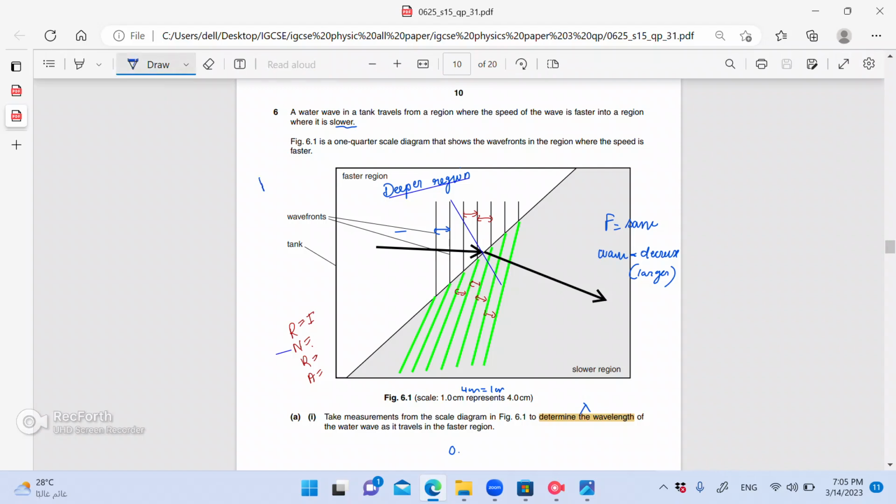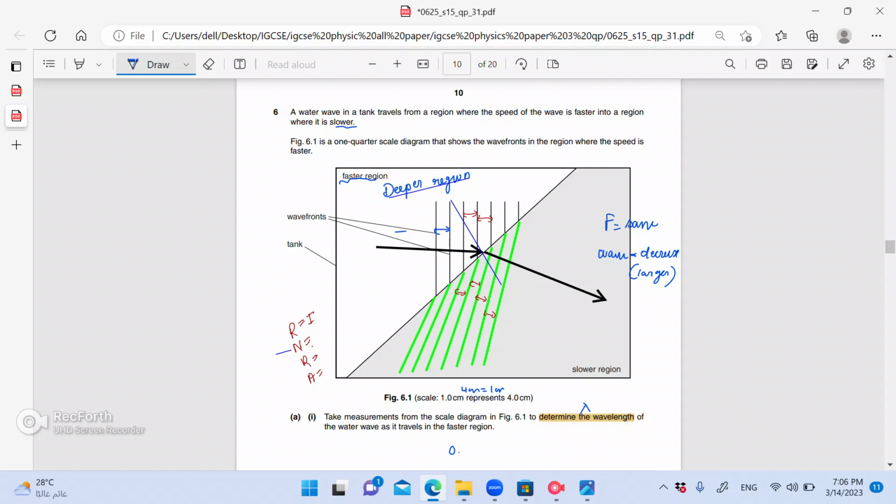First, we should know this. The speed is frequency times wavelength.